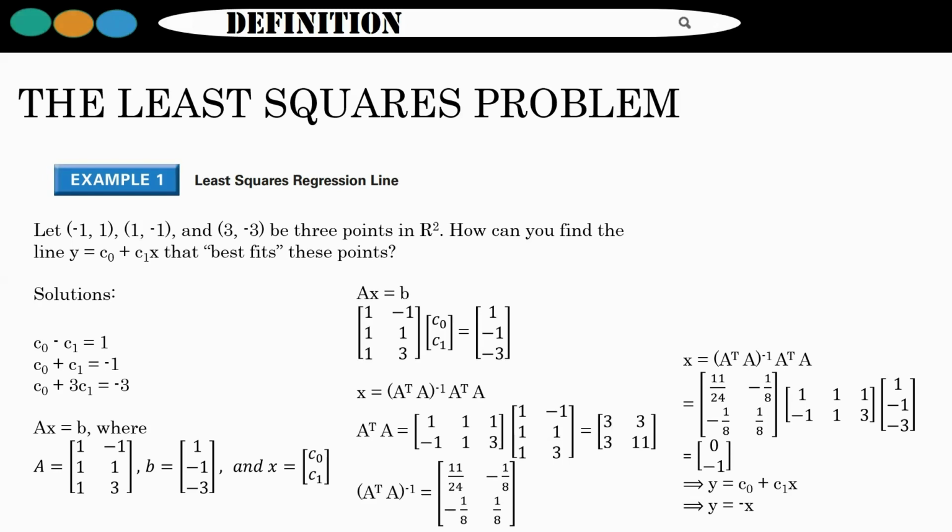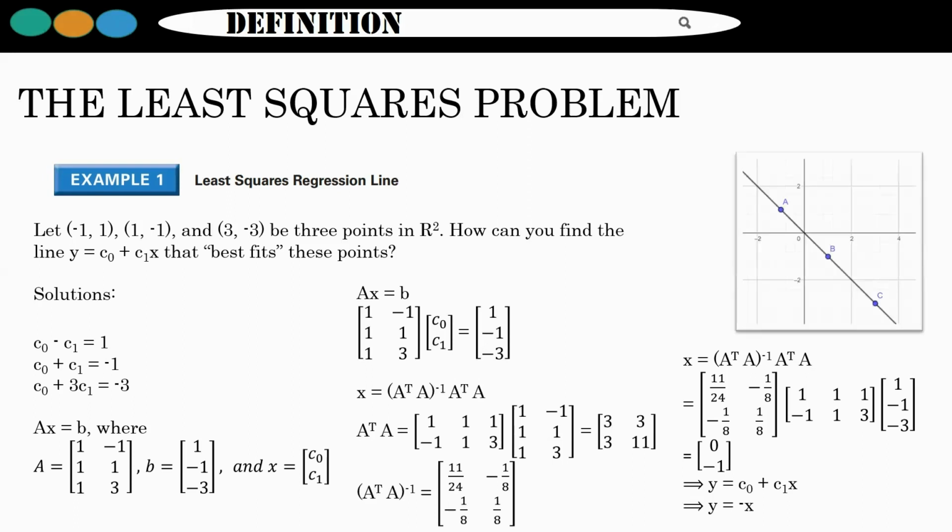So y equals c sub 0 plus c sub 1 x will be y equals negative x. If we use GeoGebra and plot all three points in R squared, and then enter the equation of our line, it will pass exactly through the points.